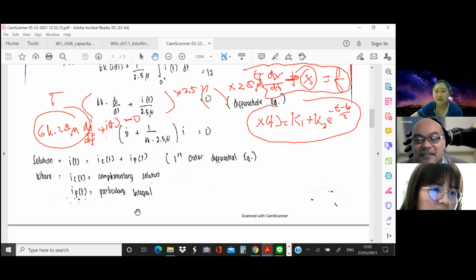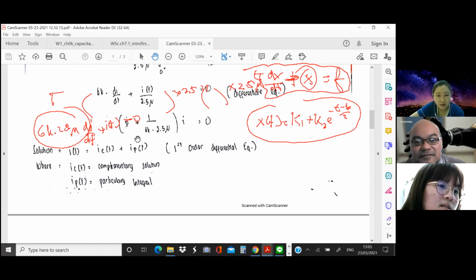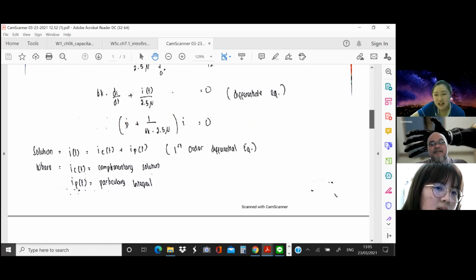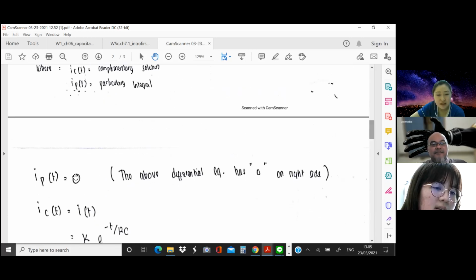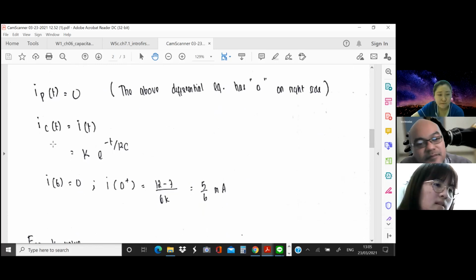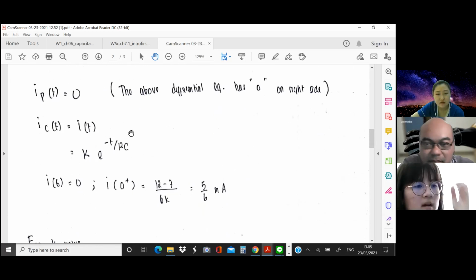Okay, sir. So the solution is I(t) equals Ic plus Ip, where Ic is the complementary solution and Ip is the particular integral. Then Ip is 0 because the above differential equation has 0 on the right side. Therefore, Ic(t) equals I(t), which stands for K times e to the power of negative t divided by RC.